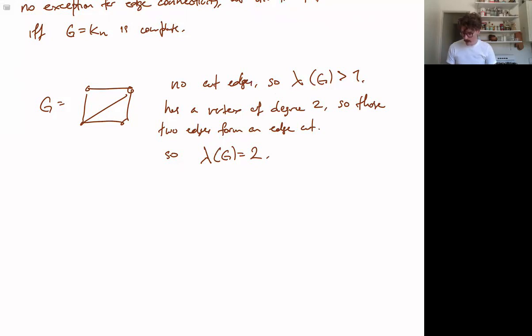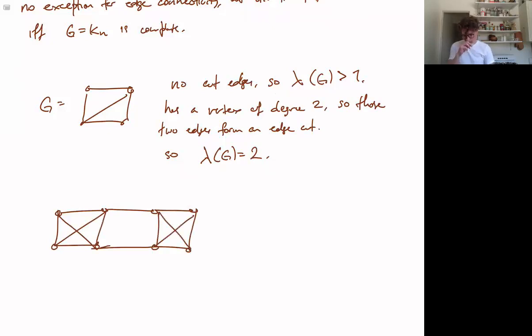So for example, if we have a graph like this, all vertices have degree at least 3, which you can just check by looking at it.